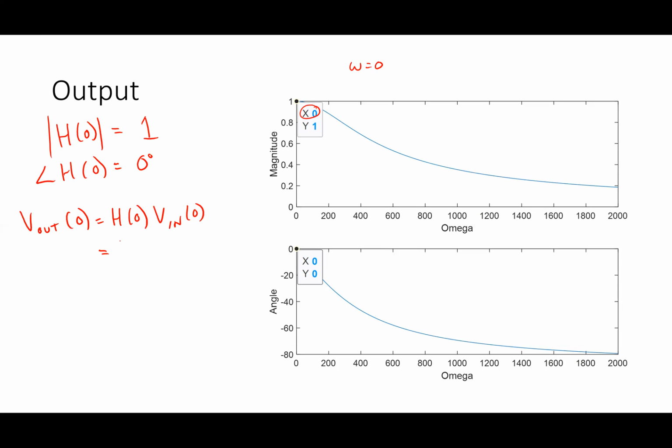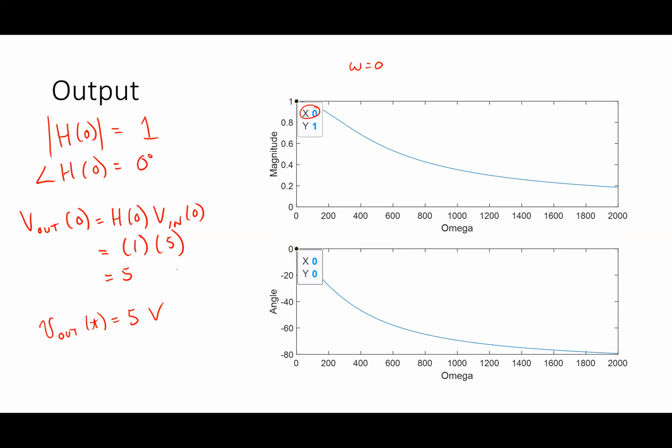V in of 0, if we go back a couple of slides, is 5. H of 0 is 1. V in of 0 is 5. So V out of 0 is 5. When I inverse transform that, at DC I get that V out of t is equal to 5 volts. Very simple. Input equals output in that particular case.